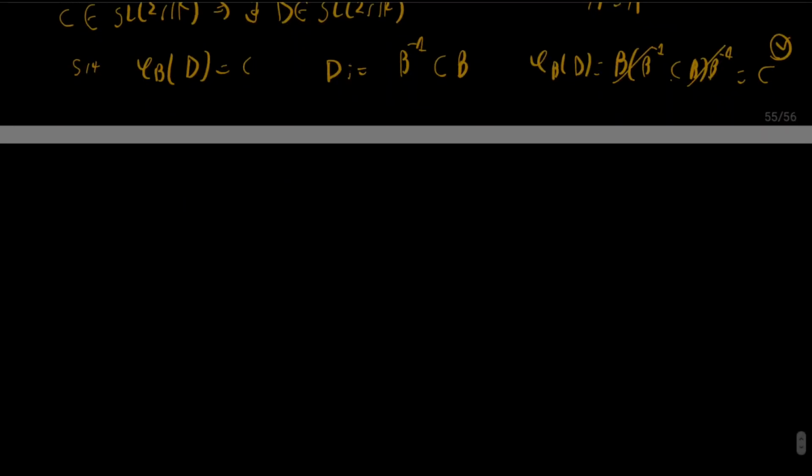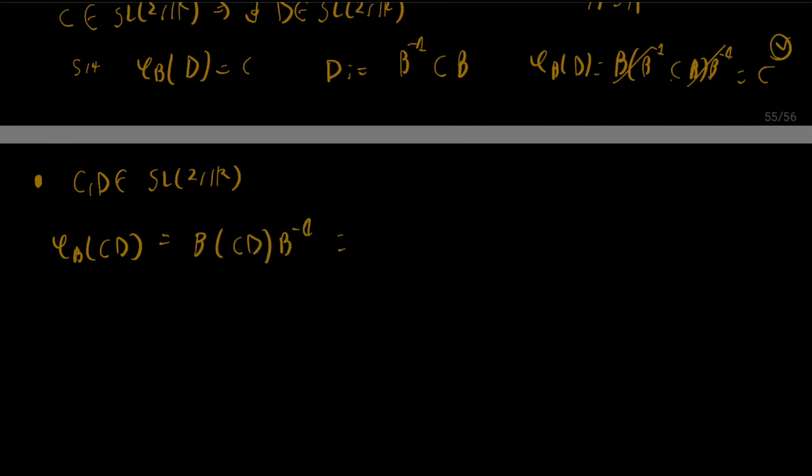Now all we have to show is that it preserves multiplication of matrices, so that it is an isomorphism. To do that, let's pick C and D inside of SL2R. Let's consider phi of B of C times D. That is just equal to B times C times D times B to the minus 1.